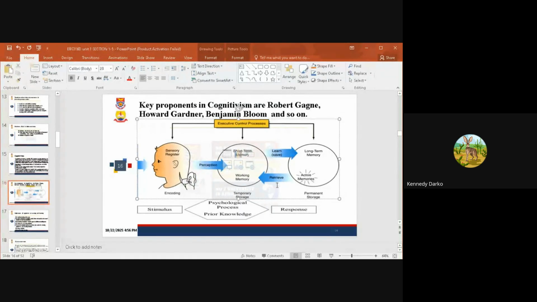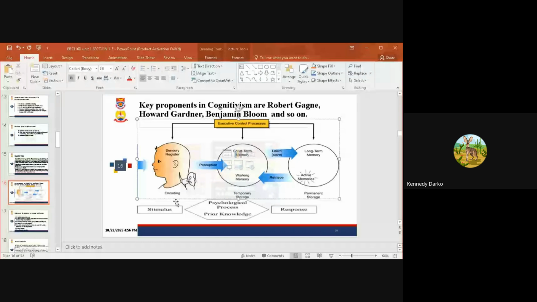Then after that, we look at working memory. Once you're able to retrieve it, can we use it to work? That's what we are looking at. So this is what these cognitive theories are saying. Then when you come down here, we are saying that anytime you are taking information, you are encoding.